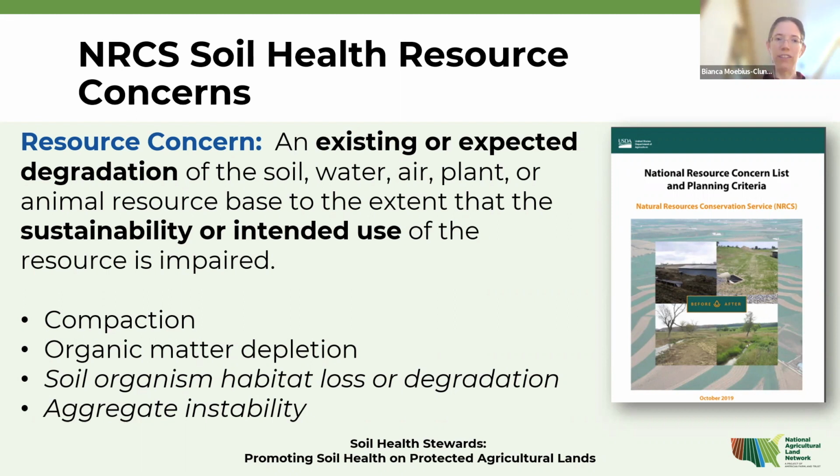And so we created two new resource concerns: soil organism habitat loss and degradation, and aggregate instability, to really help planners see it in the field, document it, and then sign up their producers for the right practices to alleviate those concerns, because these two were kind of getting us there, but the assessment tools in place really weren't doing the trick.